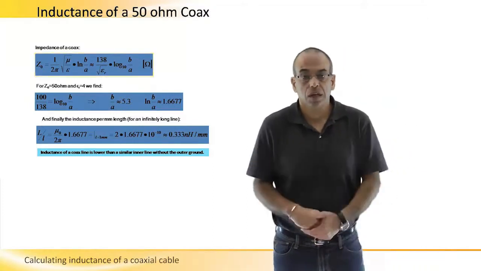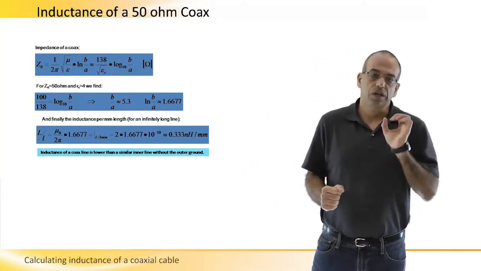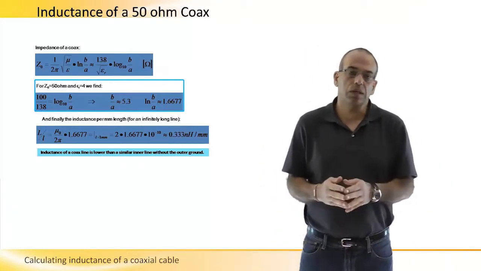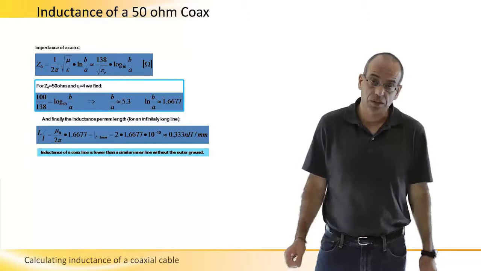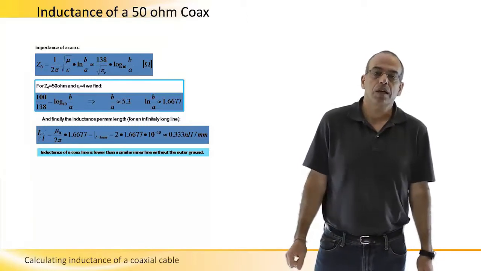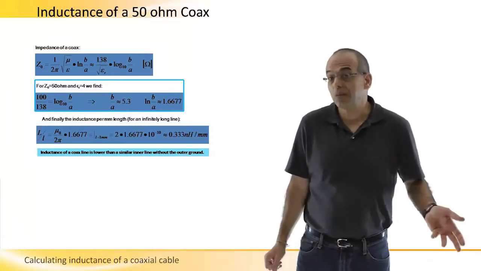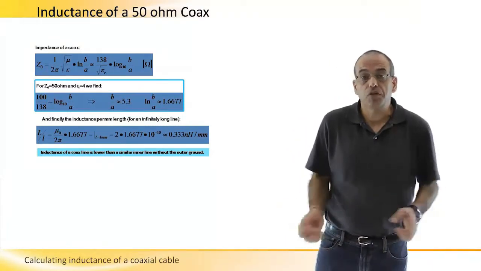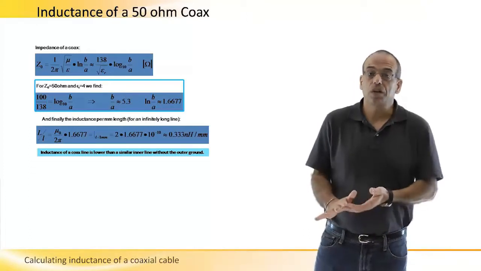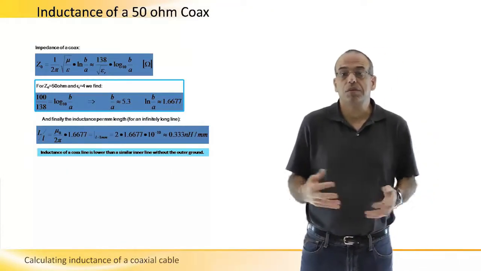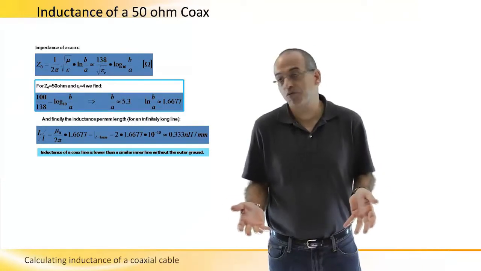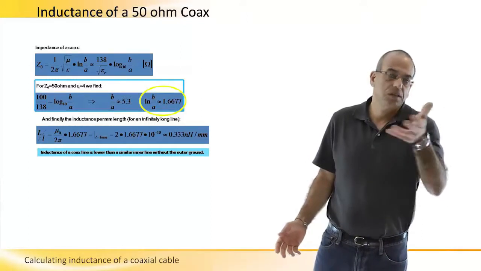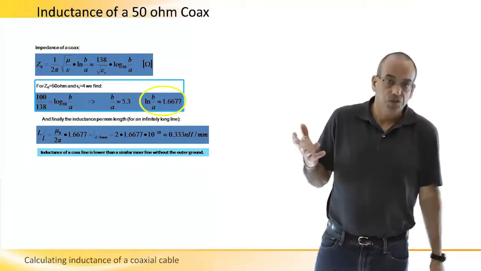If we use 50 ohm, which is a very common characteristic impedance in RF design, and we also assume that epsilon r is 4, just to simplify the calculations, we can find that the natural logarithm of B over A is roughly 1.667, or 1 2/3.